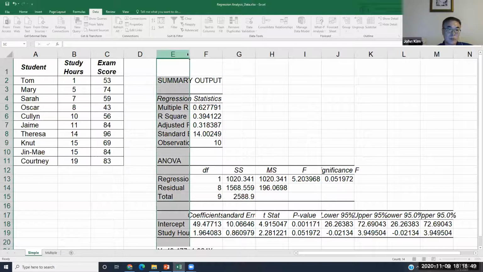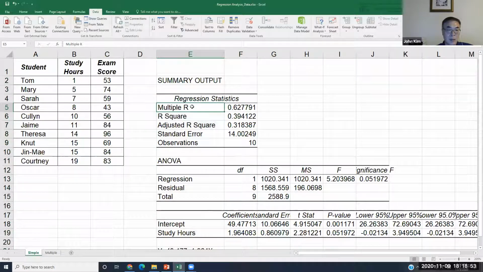Also look at this R, 0.62. Last week we talked about correlation. 0.62 is not strong, but it has some positive correlation between study hour and exam score.